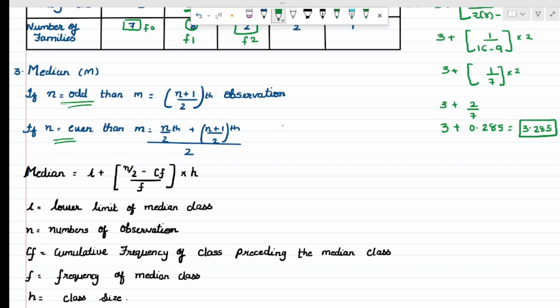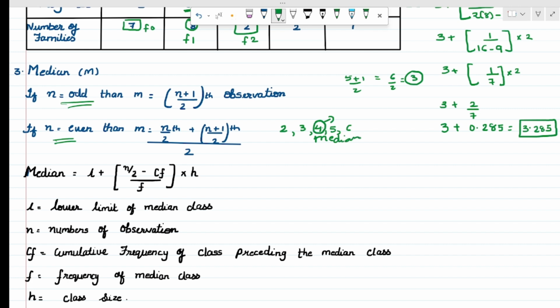Say for example, you are given 2, 3, 4, 5 and 6. So here the number of observations is 5. N plus 1, that means 5 plus 1 upon 2. It gives 6 upon 2, that means third. You have to see your third observation. So this becomes our median.